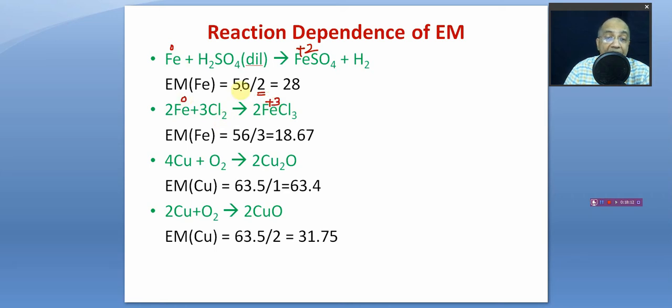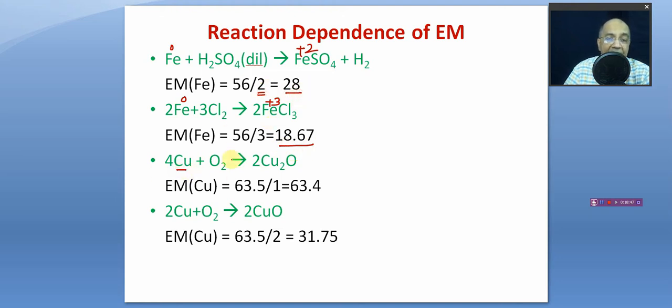So the number of electrons lost per atom. Don't look at the stoichiometric coefficients. Forget about that. You are absolutely not concerned about balancing and the stoichiometric coefficients. See, per atom, I repeat, per atom, what is the change in oxidation number? So 3. So the valency factor is 3 here, and the same iron has an equivalent mass of 18.67. But here it was 56 by 2, 28.